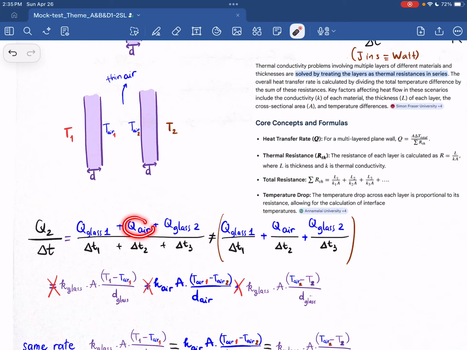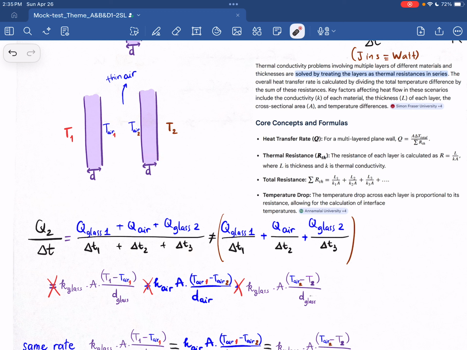And then the same for the amount of thermal energy, the heat through the air, and this is also the time through the second layer. And the last one is through the second glass layer, and this is the time to travel through it.